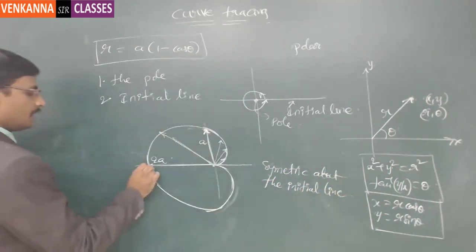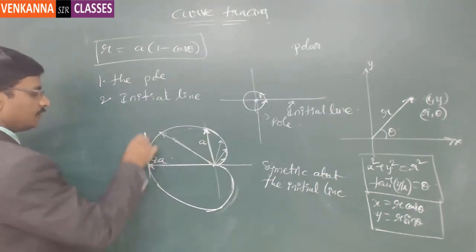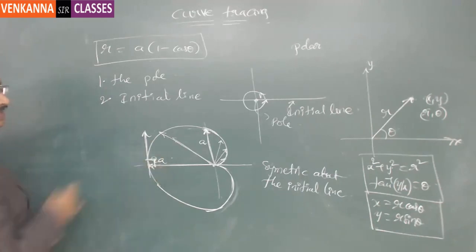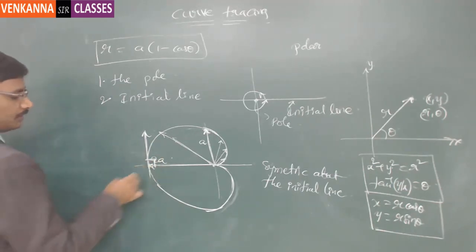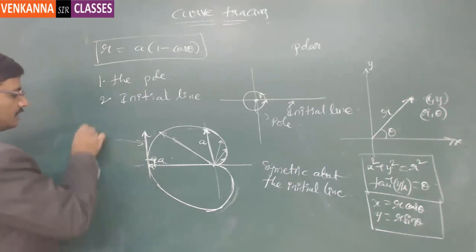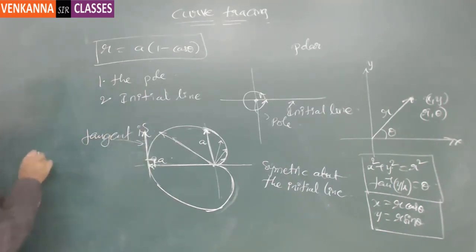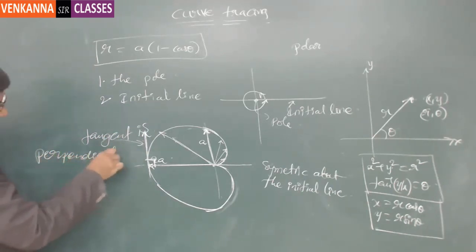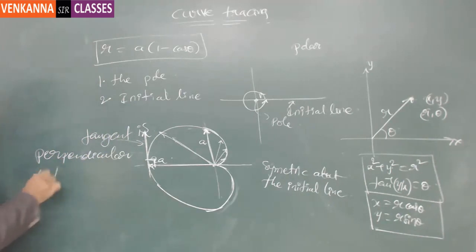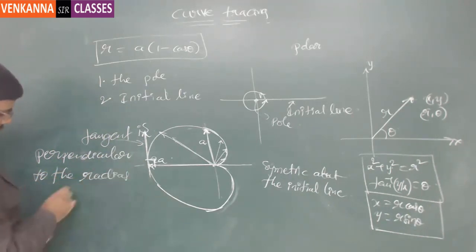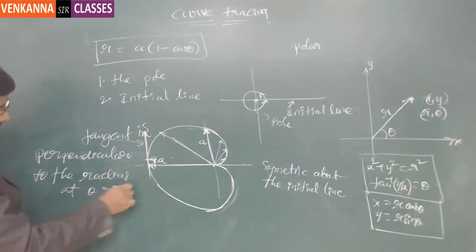And if you draw a tangent at this particular point, that will be perpendicular to the radius line. So this is the radius line, this is exactly at 90 degrees. So the tangent is perpendicular to the radius at theta equal to pi. Got it?